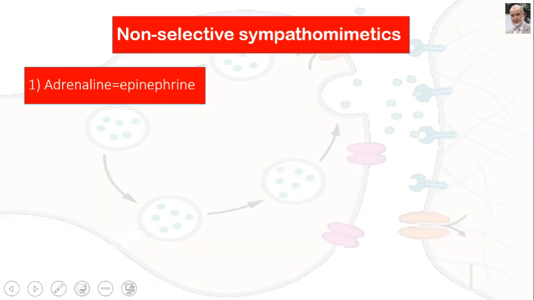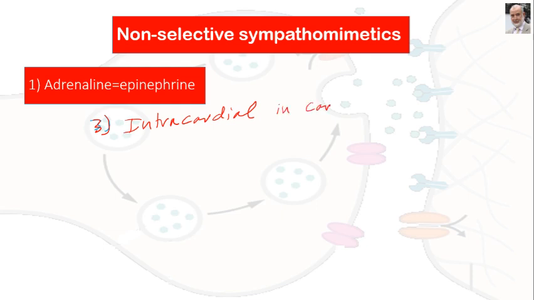The third important clinical use is the intracardial use. Adrenaline is injected directly into the heart. This is known as intracardial injection, in cases of cardiac arrest. We see in a lot of films that they inject directly into the heart, and adrenaline is the drug in this case.